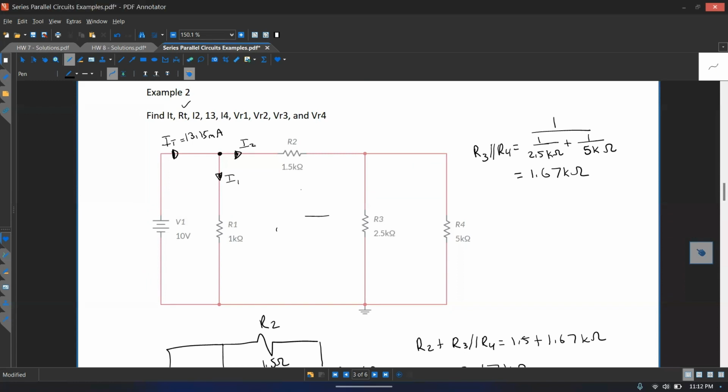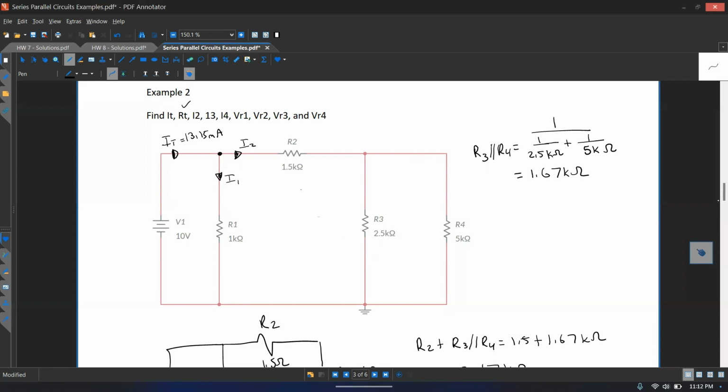All right, so how do you know how much is going down? Well, at this point we can use Ohm's law because we know the voltage across R1, since R1 is in parallel with the source.